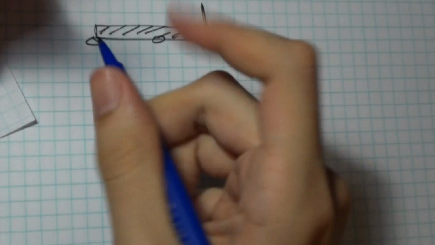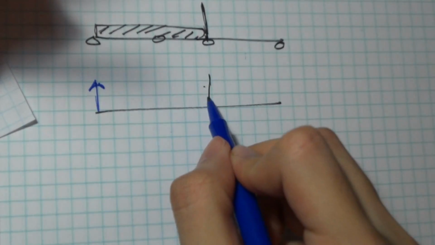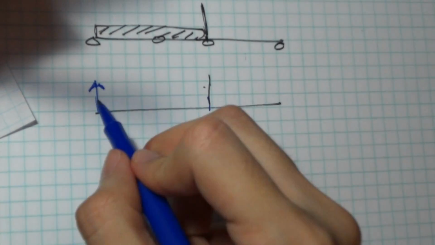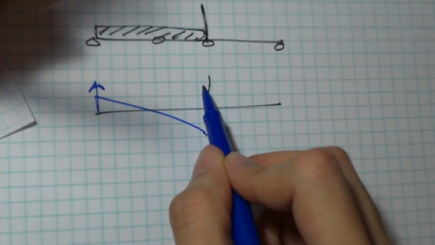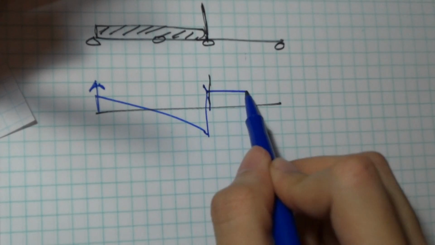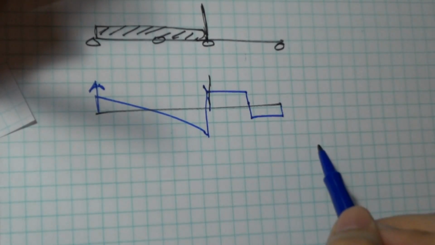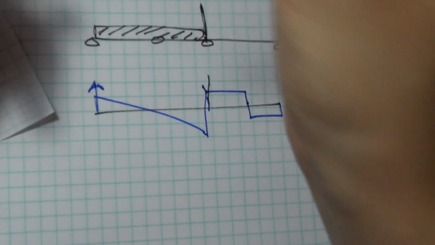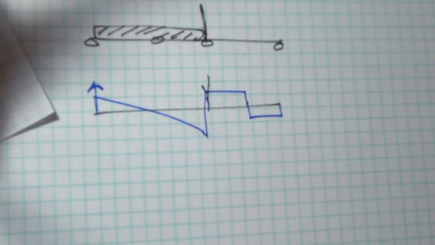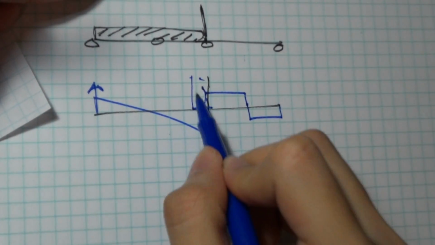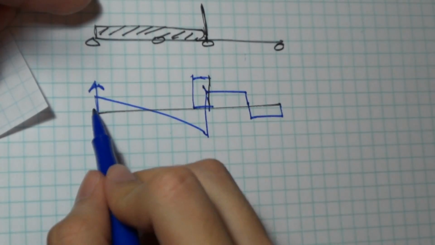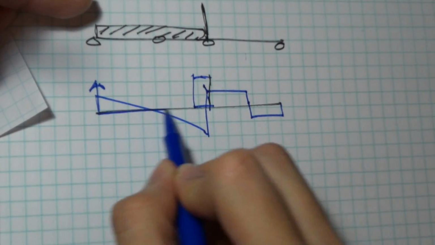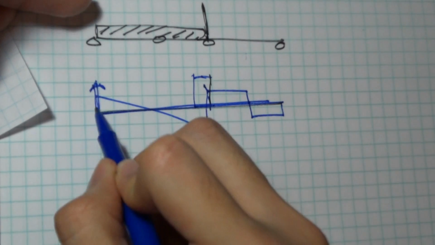So for example, you'll say that your shear diagram is positive, so you'll get something that looks like this for your shear diagram. And then your shear diagram will also have some value up here. So in order to distinguish this, do you guys see what I'm saying here? This is my axis and shear.